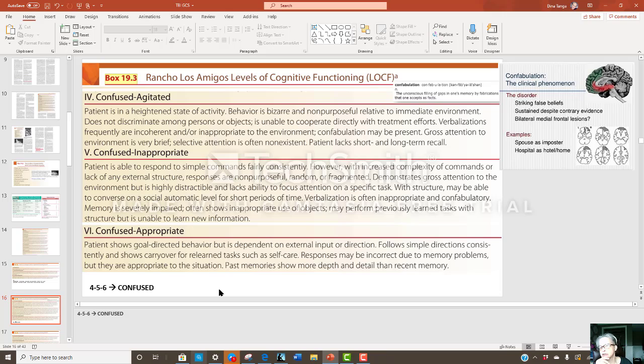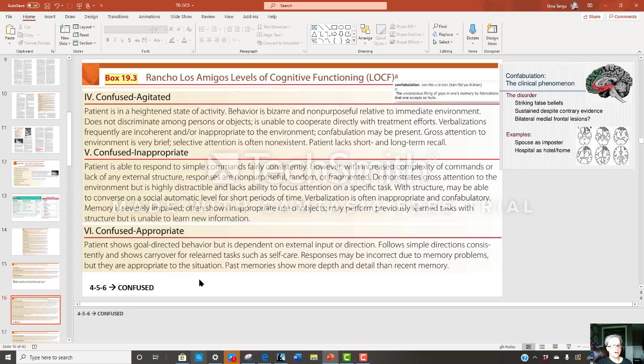Bilateral medial frontal lesions. Examples: a spouse is an imposter, the hospital is a hotel or home. Yeah, I've seen some traumatic brain injury patients act like that, most definitely. So, confabulation may be present. Learned a new word today.